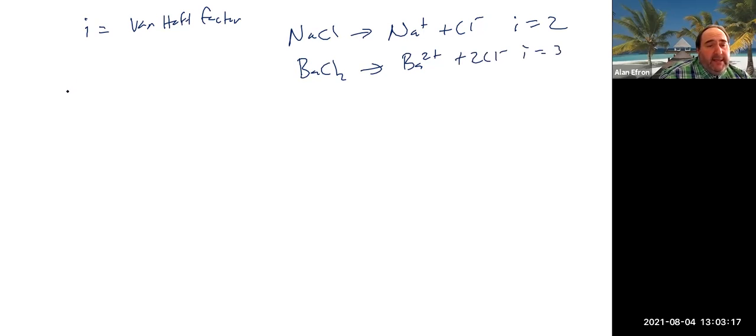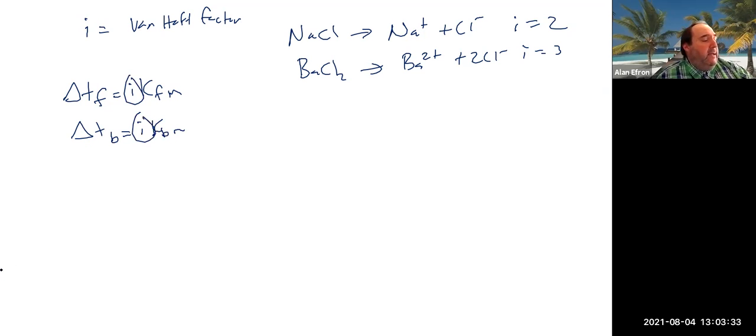They just get incorporated into those formulas by putting the i in front there, i Kf m, and for our boiling point as well. So for ionic compounds, you want to make sure that you include that van't Hoff factor, which will take into account the extra particles that are there because of the ionic compounds and the extra ions that are present.